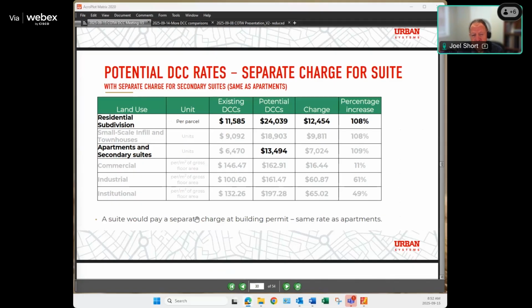There are other options, like delaying or reducing some projects, but the important thing is this is the increase that would be required to adequately fund your infrastructure based on your master plans, based on the growth, based on prudent forward-looking finances. So I'll pause now. I'm sure there are some questions about the rates, and we can also talk more about the secondary suites as a separate charge.